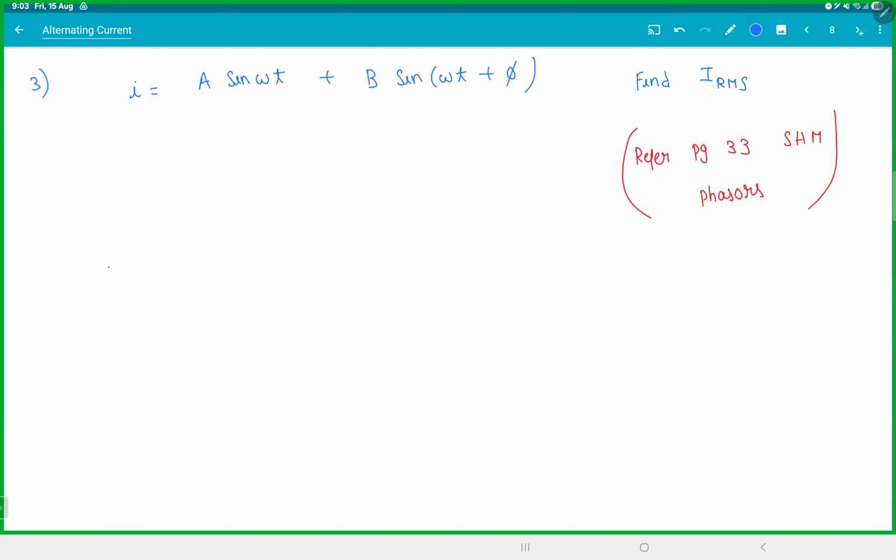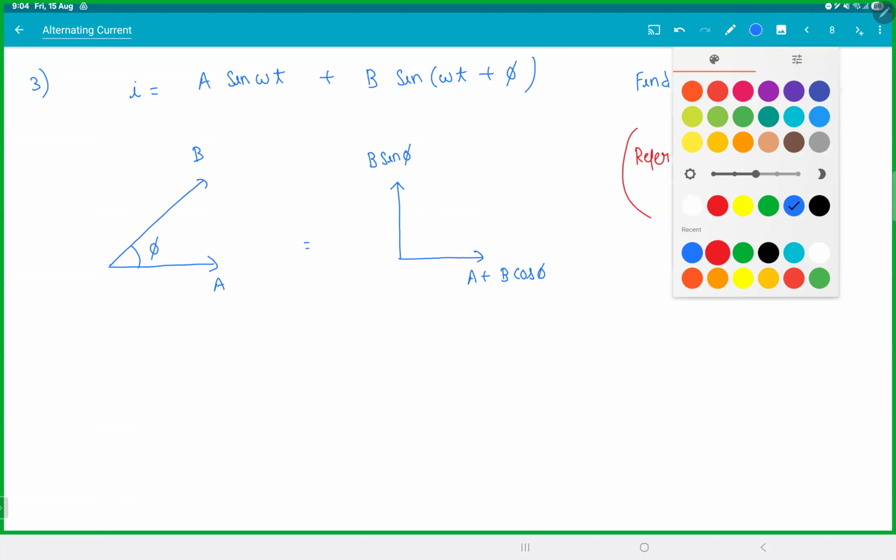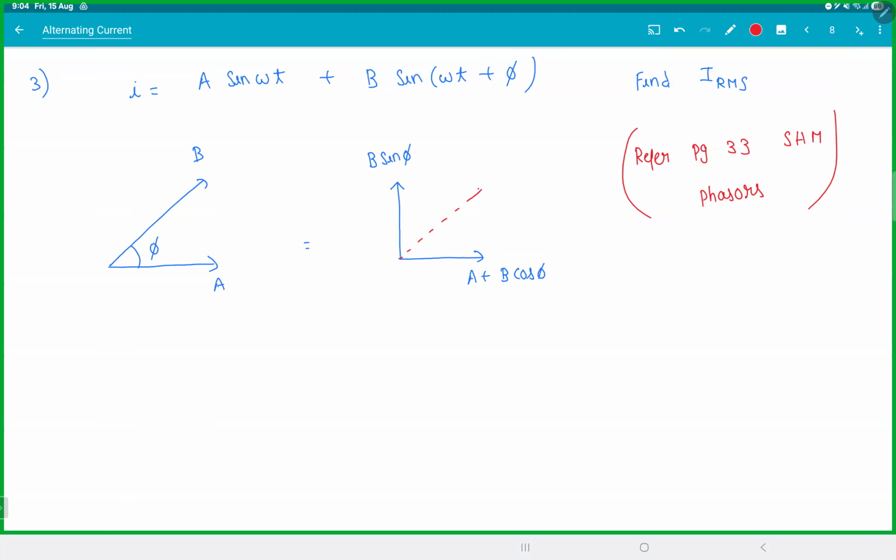So we can treat this as amplitude A because the phase angle is 0. This is B, at phase angle phi. Then the horizontal component is A plus B cos phi, and this is B sin phi. So the resultant will be R making an angle alpha.